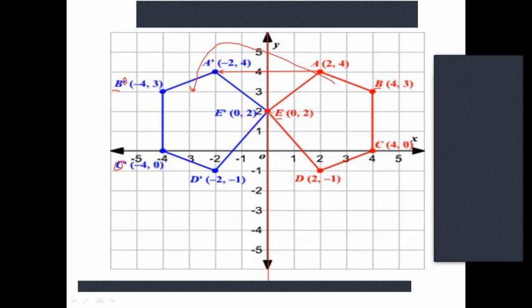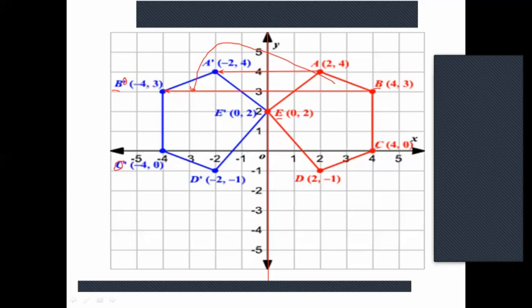What about other points? Point E, it does not change. Point B here, and we have point B here. The same, but only the coordinate is changed. From +4 here it becomes -4 on the other side. The x becomes -4 and the y is the same because that is positive.